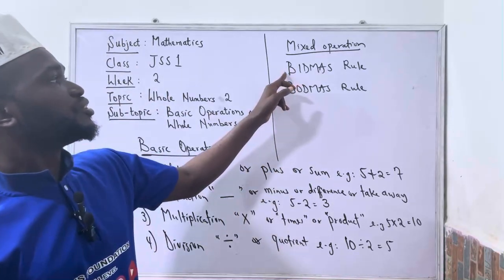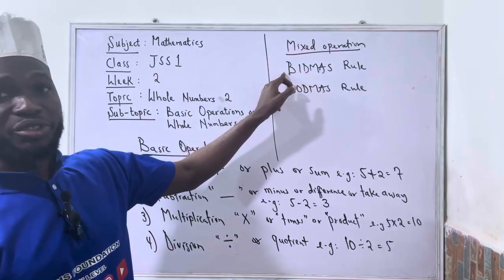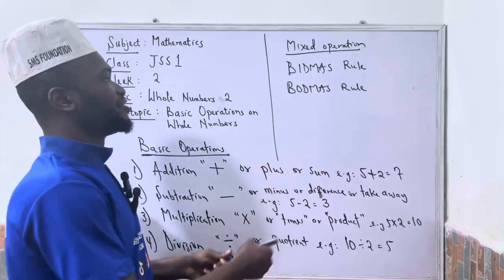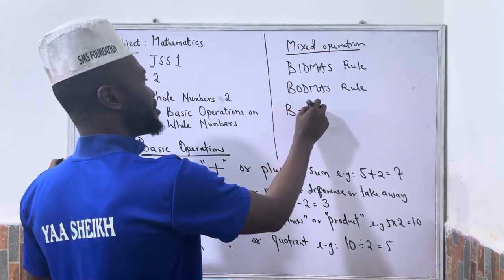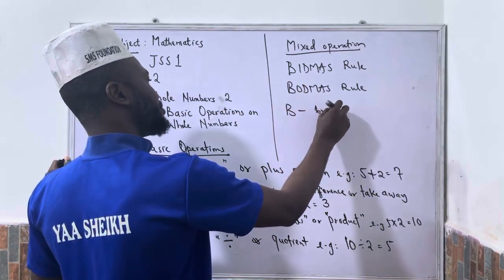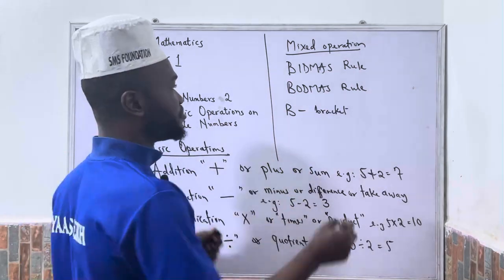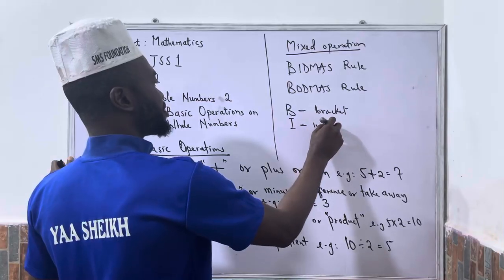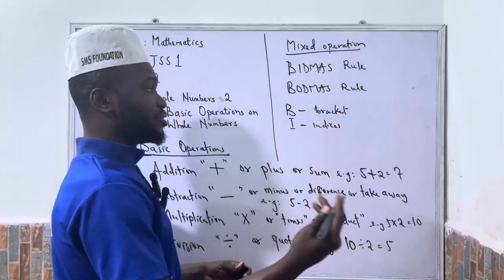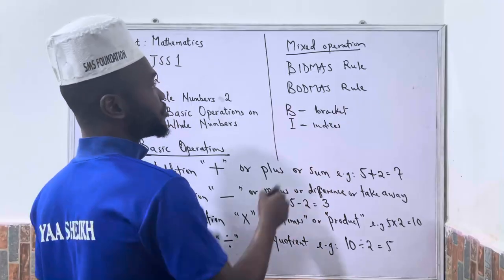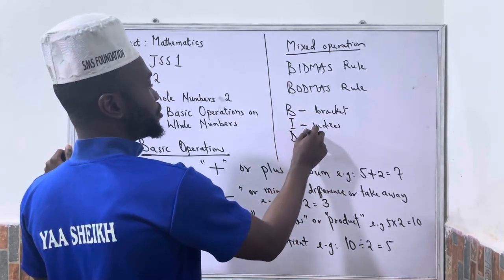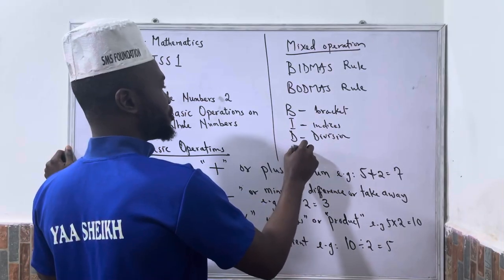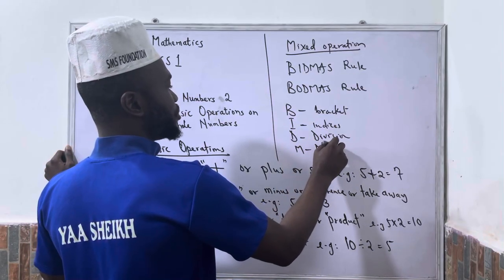B stands for brackets. You treat brackets first when you have brackets in a question. I stands for indices, that's powers, square, cube and so on. D stands for division, M stands for multiplication.